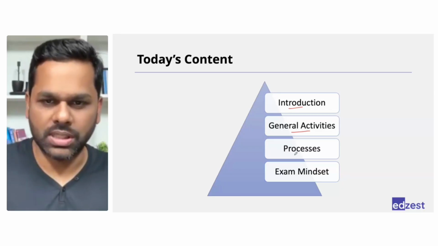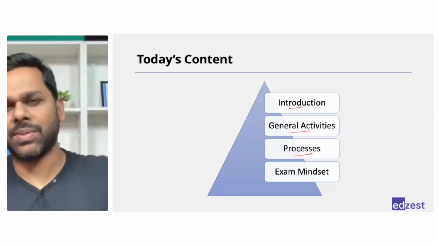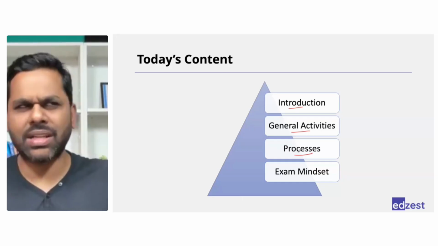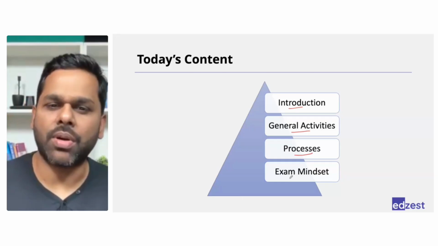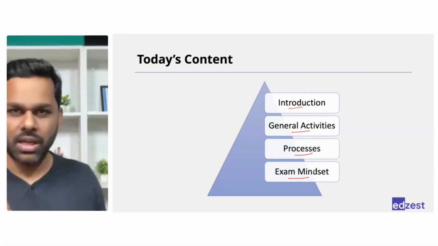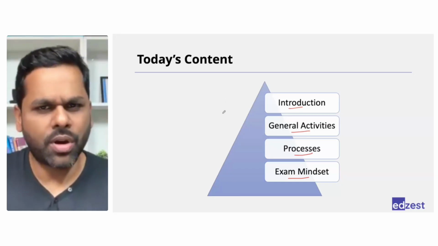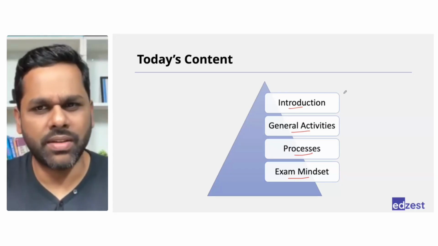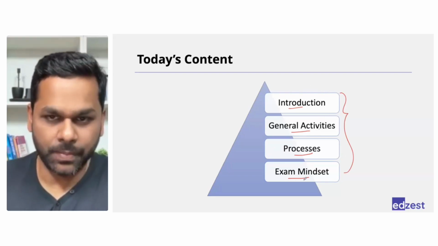Then we will talk about the processes so that you can see what the exact technical name of these processes are. You don't have to memorize it, but having a look at it always helps. And then at the end, we'll talk about the exam mindset, which will help you in answering questions from these domains for predictive approach. Okay, so approximately 10 to 15 minutes in every segment, and we'll cover today's revision.